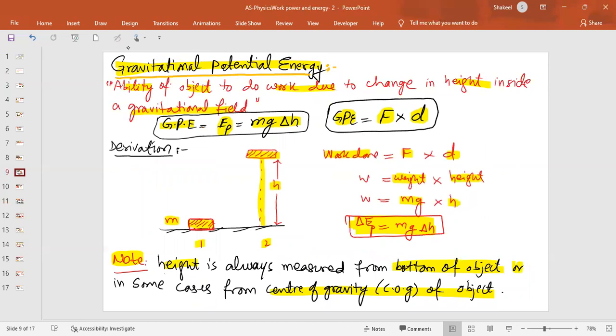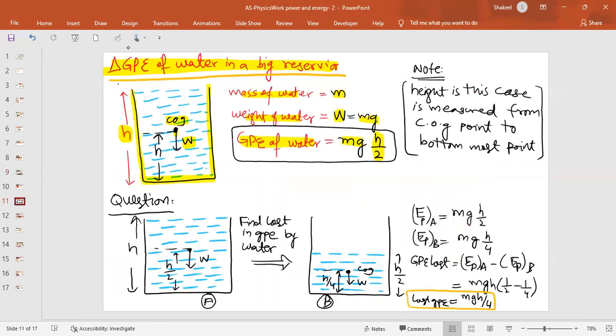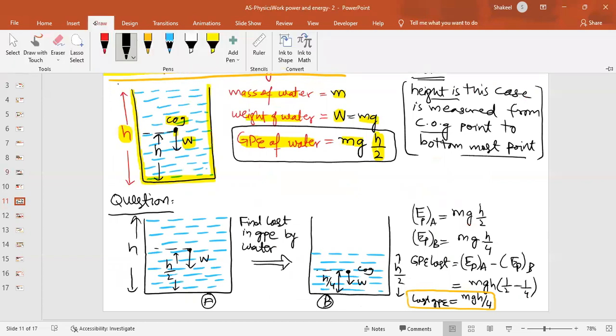Height is always measured from the bottom of the object, or in some cases from the center of gravity of the object. In this case, height is measured from the center of gravity point to the bottommost point. That's why the GPE stored in the water is mgh by 2.